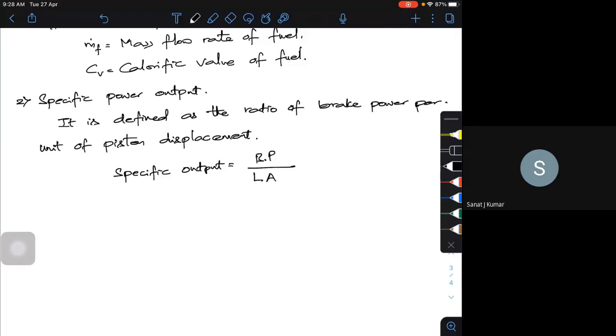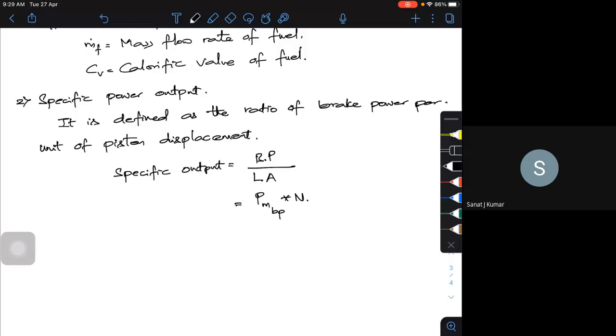Most of the time this specific output consists of two elements. We may have the mean effective pressure based on brake power, and also the speed. So specific output is also given by the mean effective pressure based on brake power multiplied by its speed, with a constant attached to it.